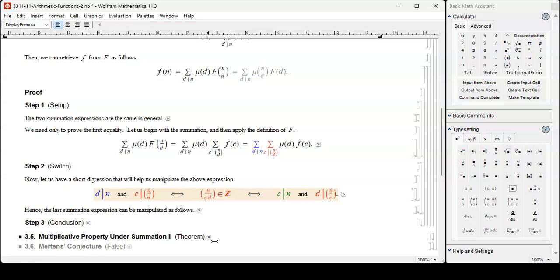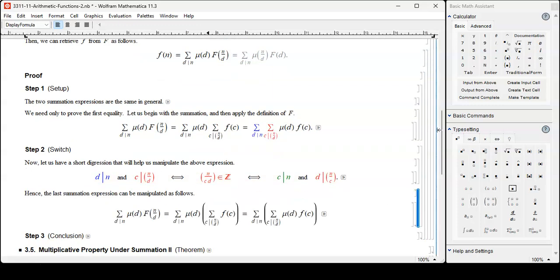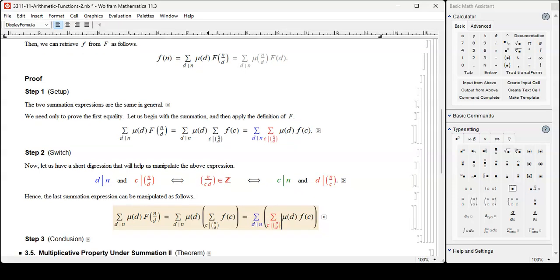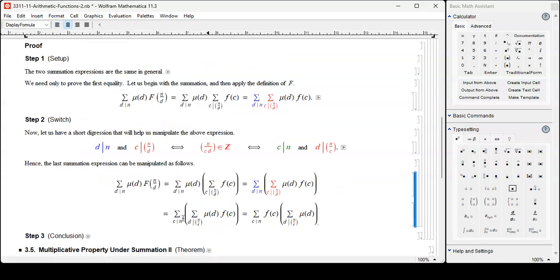So under this claim, let's rewrite this summation. D divides n. Under that, c divides n over d. That's the order. And thanks to this, which we will prove shortly, we can change the order. C divides n, and d divides n over c.